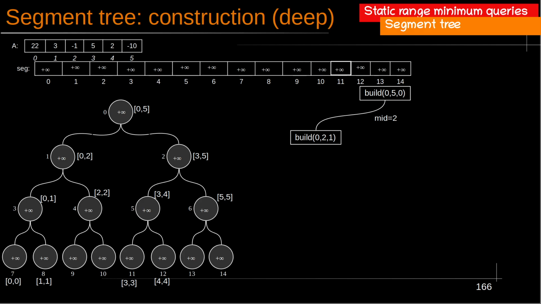We take from 0 to 2, which means here the minimum from 0 to 2 will be at the node 1. We divide the range 0 to 2 by 2. We have the middle is 1. So the range from 0 to 1 will be at position 3 on the segment tree, here in the node 3.